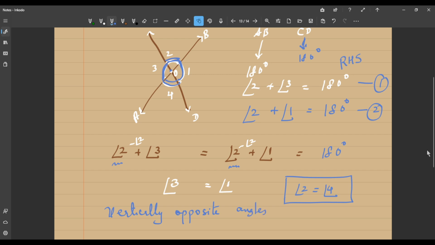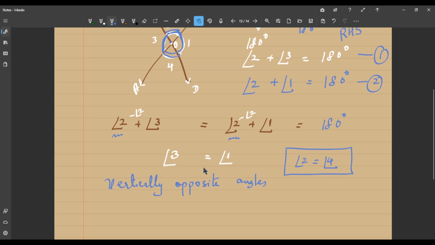So we can conclude that for the vertically opposite angles, angle 3 is equal to angle 1 and angle 2 is equal to angle 4. This is a major property which would be used in our further geometry. That is why I am stressing on this point. So the vertically opposite angles are equal when two lines intersect with one another. I hope you understand this point.